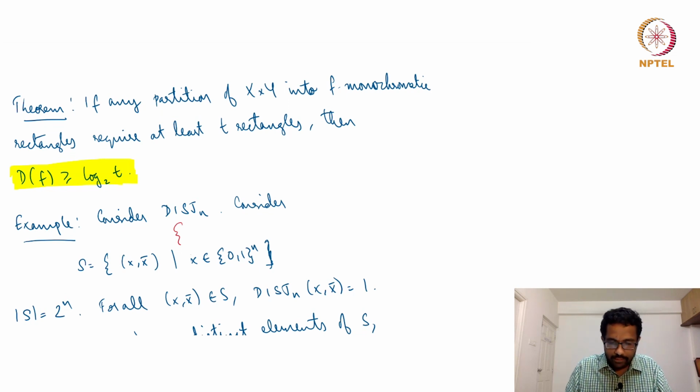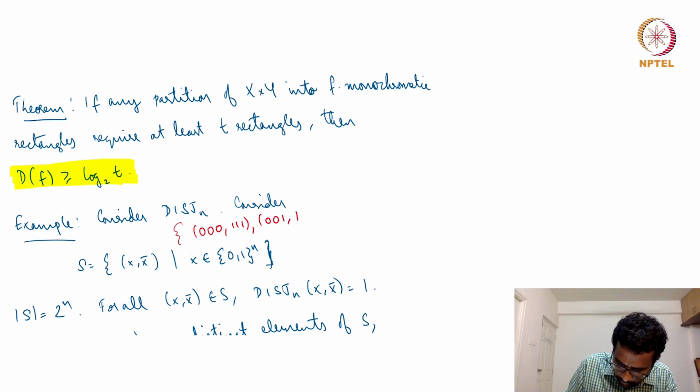We will show that disjointness must have some number of leaves. So let us consider disjointness over 3 bits and consider the following: 0 0 0, 1 1 1, 0 0 1, 1 1 0, 0 1 0, 1 0 1, and so on.